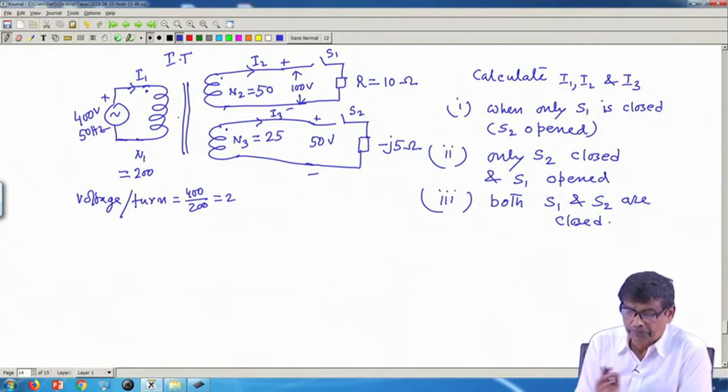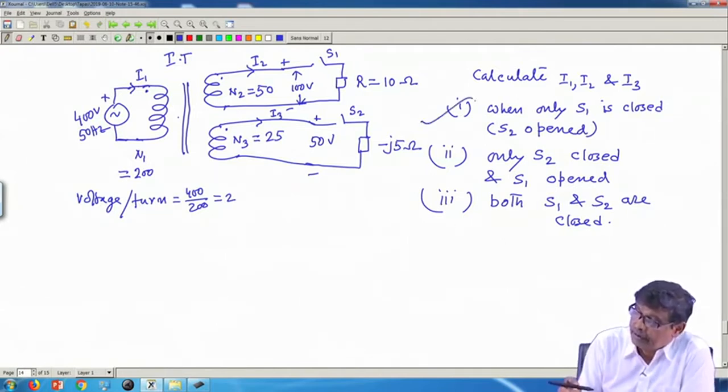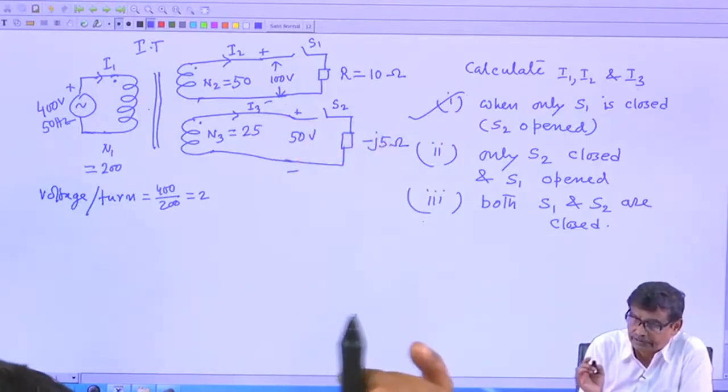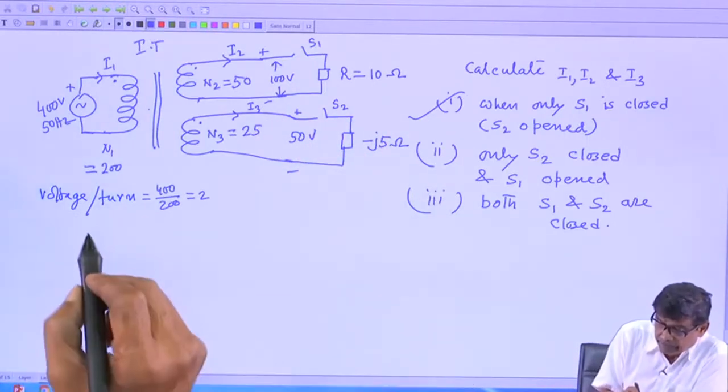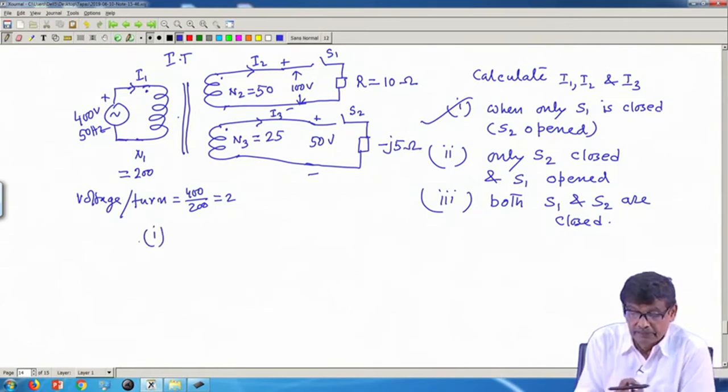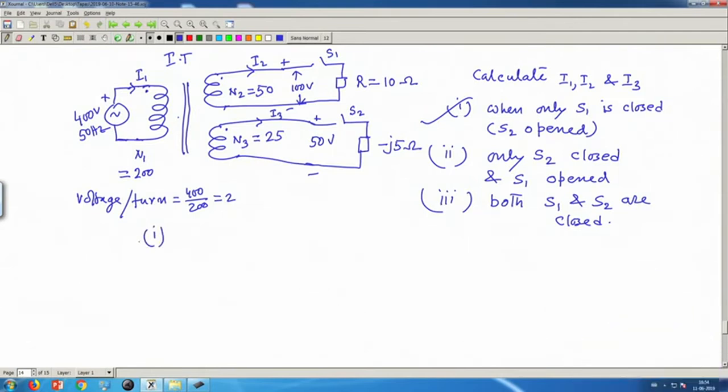Achha, the first part of the problem is pretty simple. S 1 is closed, so it is like primary and secondary. This fellow, although you will get voltage here, but no current, no complications. So, in the first part, voltage per turn is this.